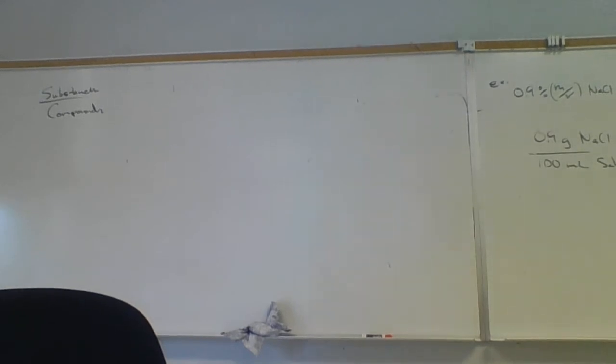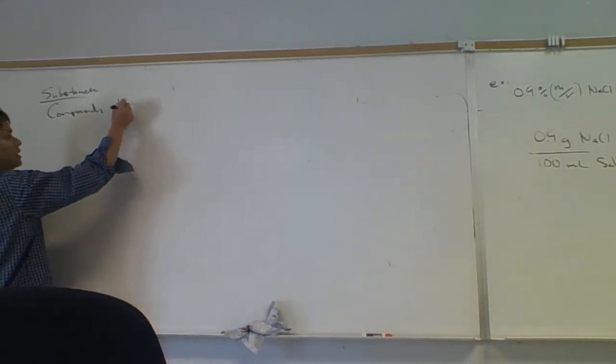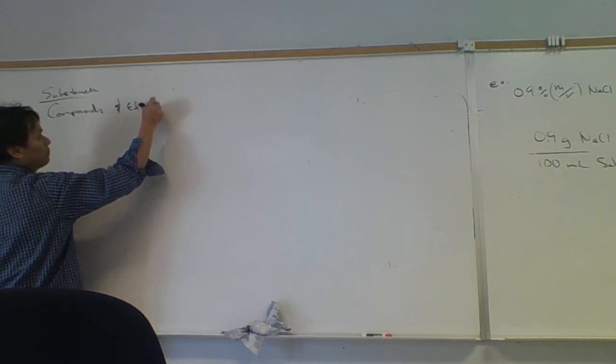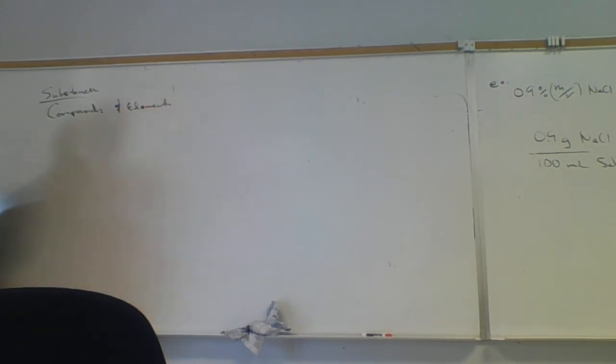Yeah, sure, we can use percentage as well, but we have other options too. And so we have compounds and elements. So what's the composition of diamond? The composition of diamond is 100% carbon. And so we could use percentages, no problem.